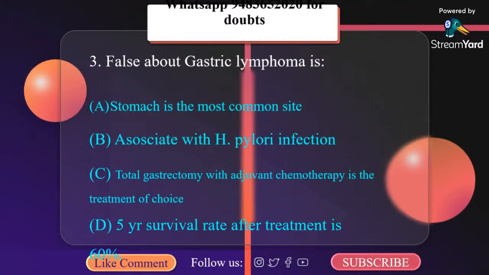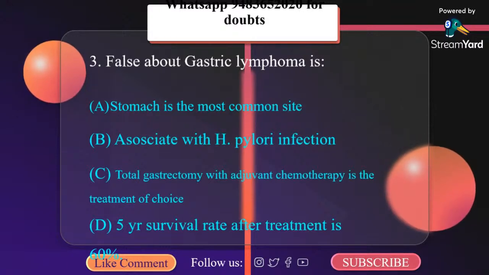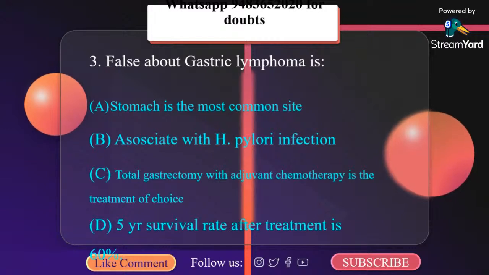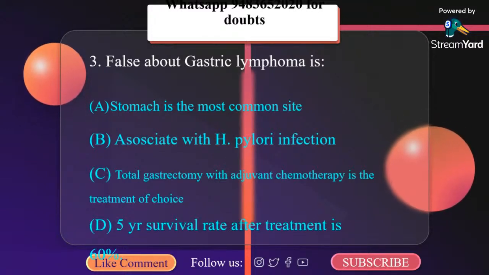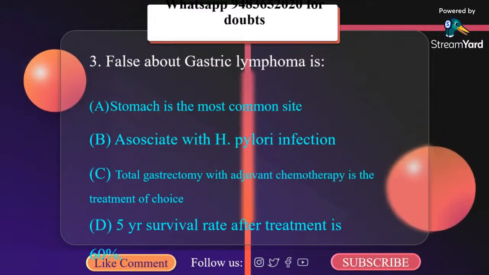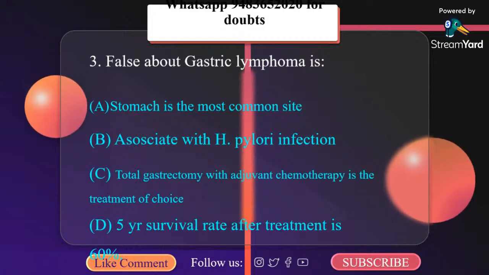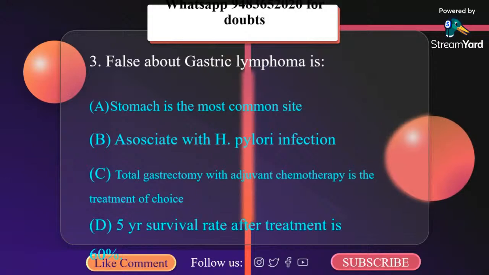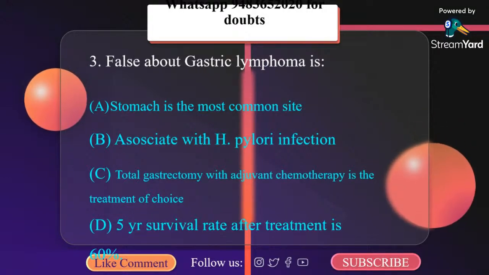MALT is usually associated with chronic H. pylori infection, so low-grade MALT lymphomas are thought to arise from chronic H. pylori infection. These low-grade lymphomas may later degenerate to high-grade lymphomas. Immunodeficiency and H. pylori infection are risk factors for B-cell lymphoma. Most common site of involvement is gastric antrum.